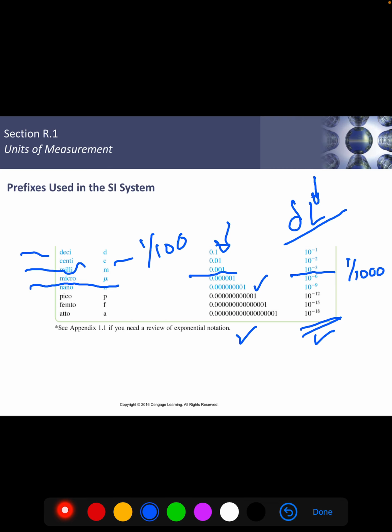Some people, especially particle physicists and people who work with subatomic particles or very high energy waves and the like, big energy, small space, quantum mechanical chemists and physicists, will use these terms as well, pico, femto, and atto, but they're outside the realm of our discussions in this introductory class.